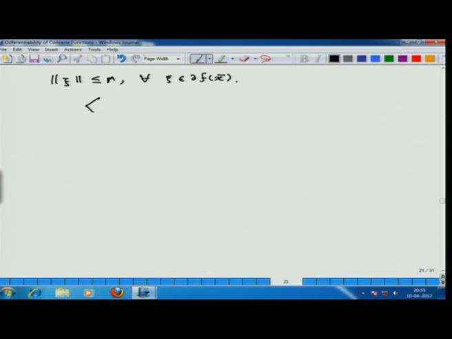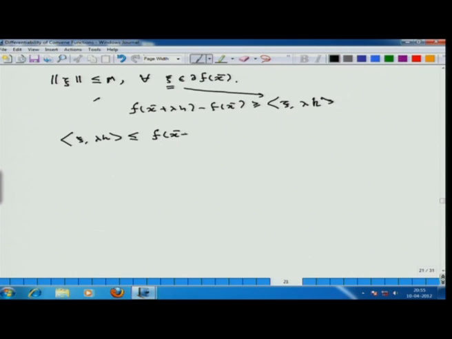Observe this fact: f(x bar + λh) − f(x bar) is greater than or equal to ξ times λh, for any ξ belonging to this set, since ξ is a subgradient. Now I will write it in a slightly different way.